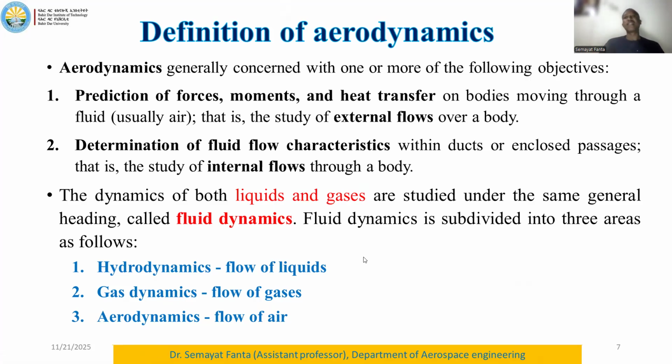That is the state of external flow over the body. Another one is internal flow through the body. The determination of the fluid flow characteristics within rocket engines or within an enclosed passage is called the state of internal flow through the body.